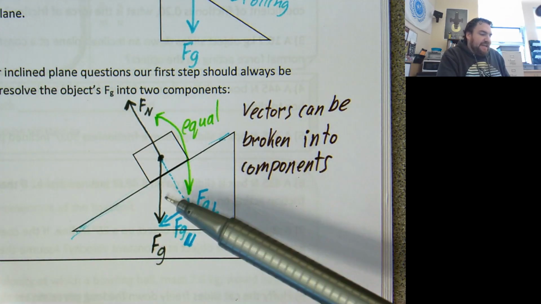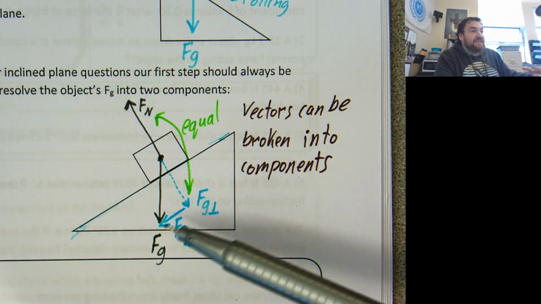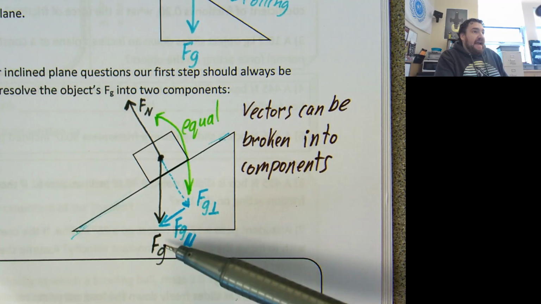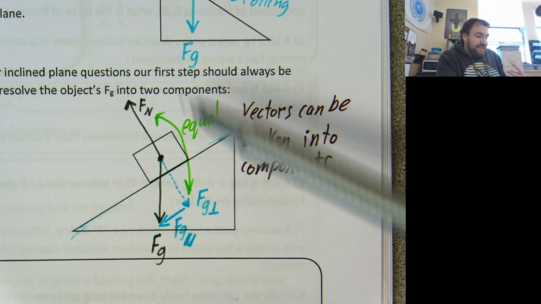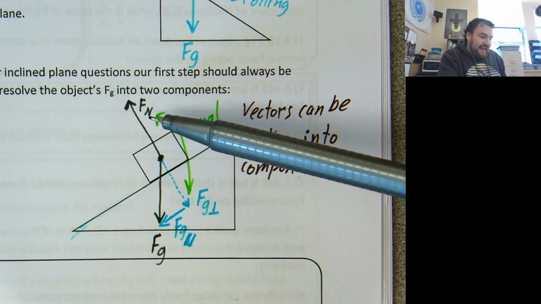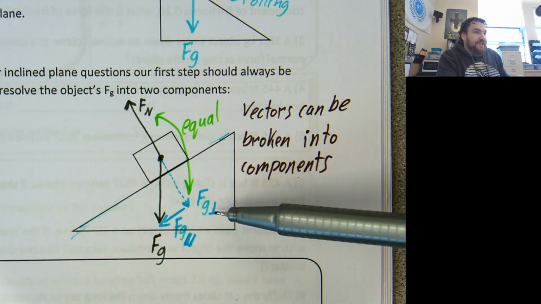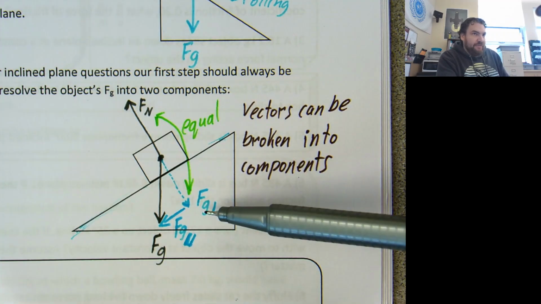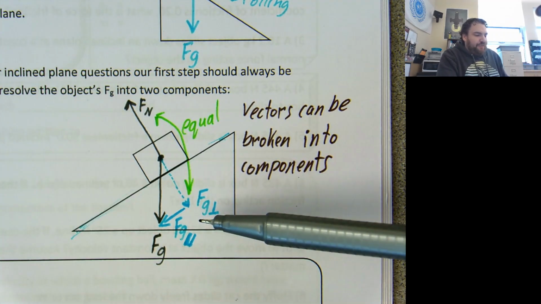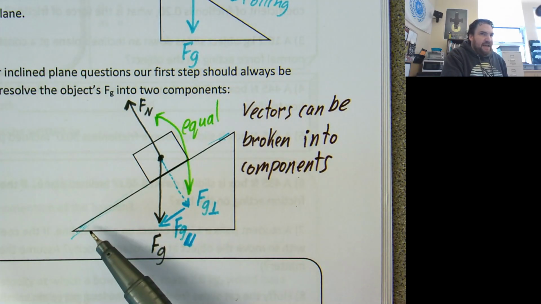So what I've done is I've taken Fg and I've said, okay, well, the gravity that's acting straight down is having two effects here. One of the effects of gravity is that Fn and Fg perpendicular have to be equal to each other. And the remaining portion of gravity is the thing that's dragging this thing down here.